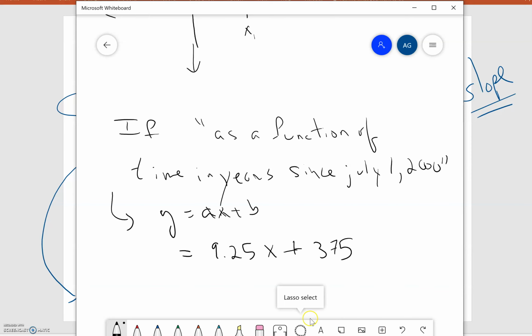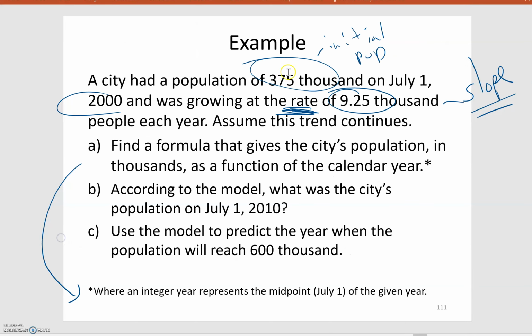Okay, so 9.25 is my slope, 375 is my population, and this is the initial time.